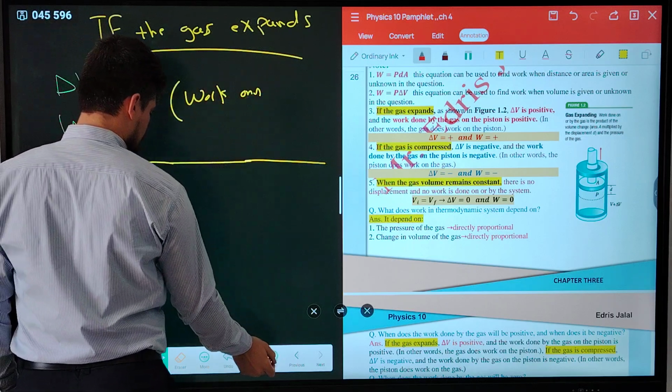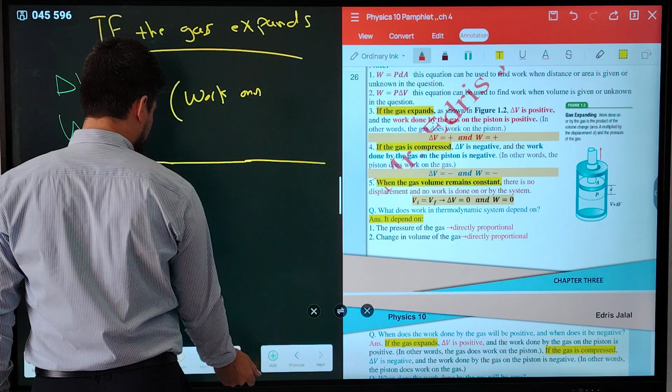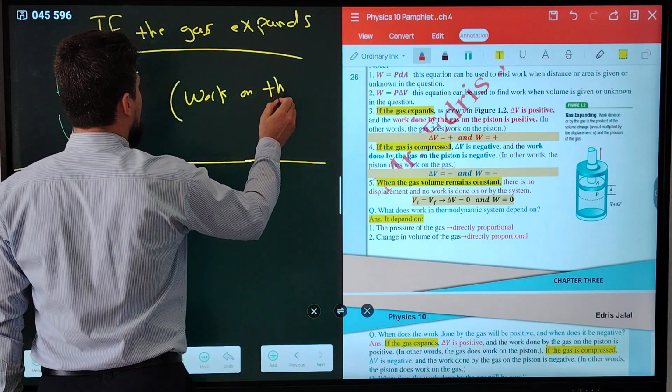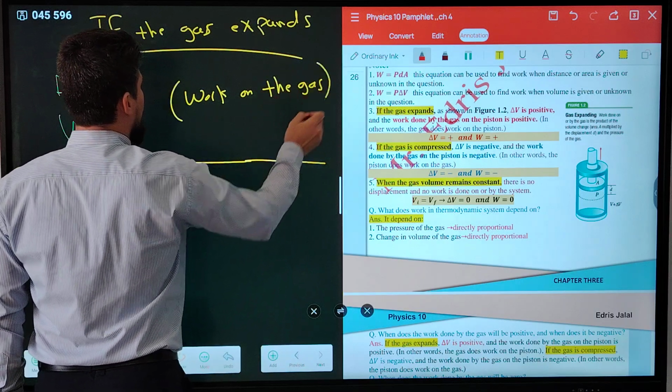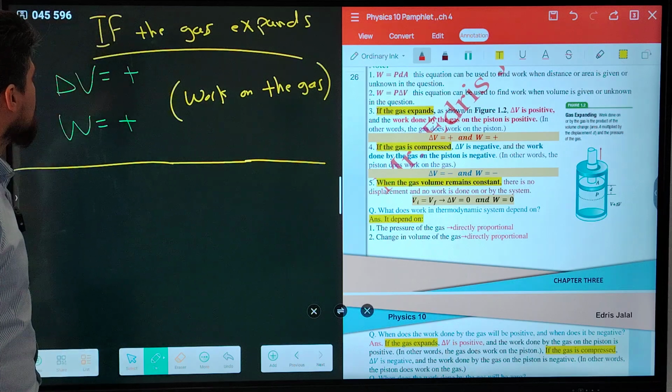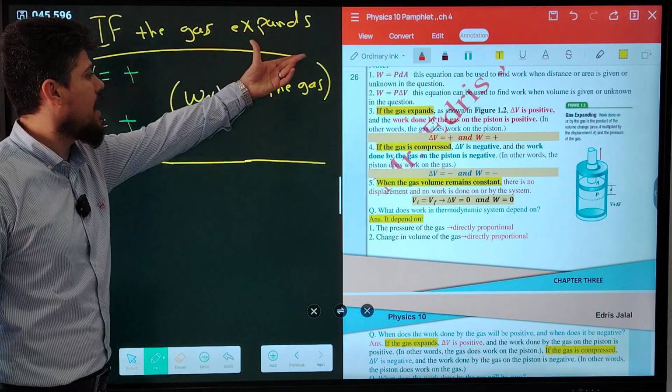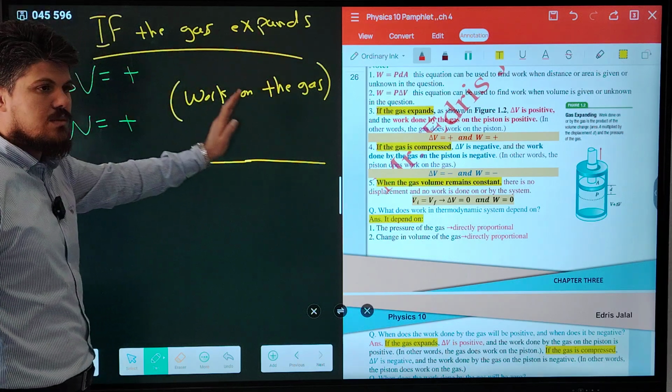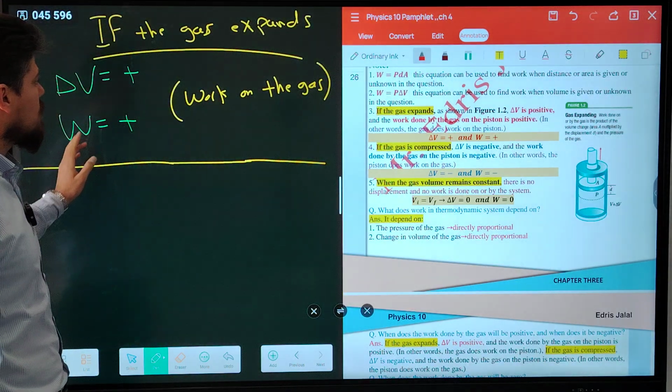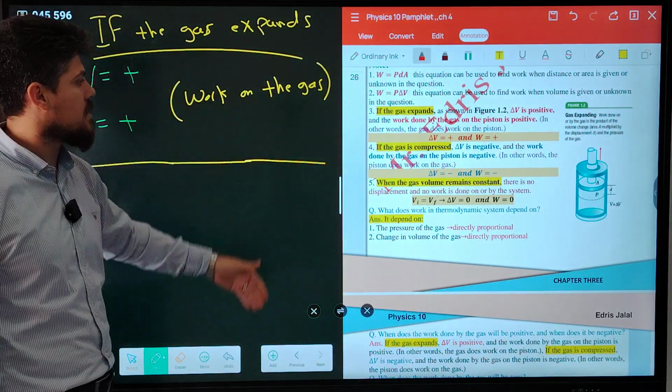Because we have two cases, work on the gas and work by the gas. So when does delta V become positive? In the case of expansion. Work in thermodynamic system is also positive, and the work is done on the gas.